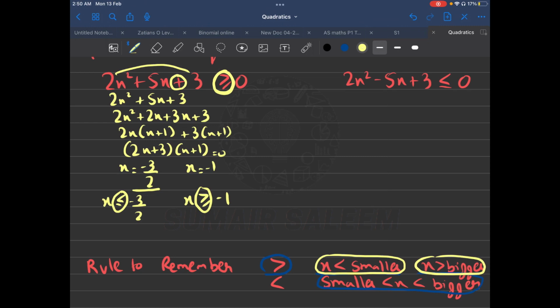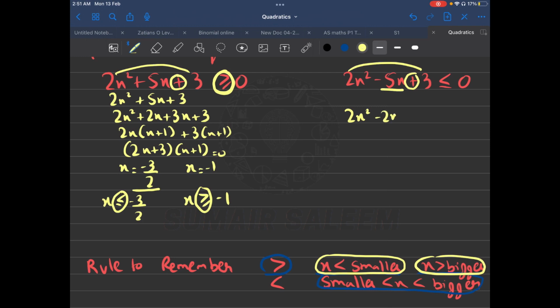Now let's do a different question. 2 threes are 6. What are the factors of 6? 1 and 6, and 2 and 3. But the sign before the constant is plus. So you are supposed to use factors which add up and make 5. So 2 and 3. Now 2 and 3 is supposed to be used in a way that it becomes minus 5.